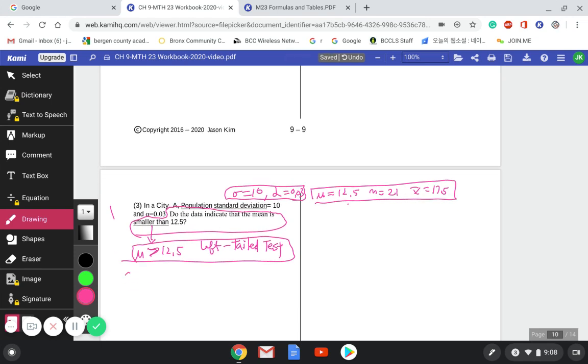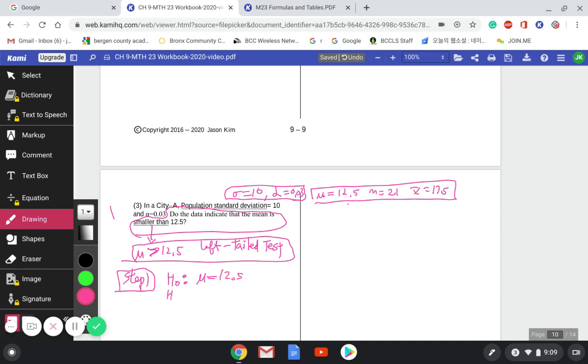So what's step one? Step one that we are doing is defining and making a statement for H0 and H1. So H0 is the original population mean, which is mu is 12.5.